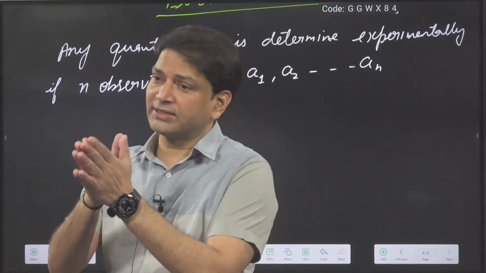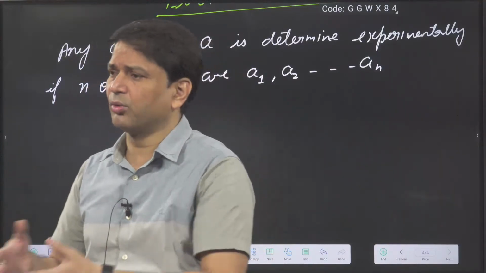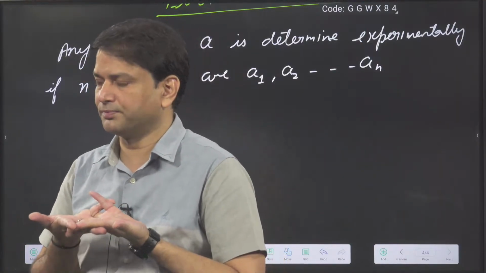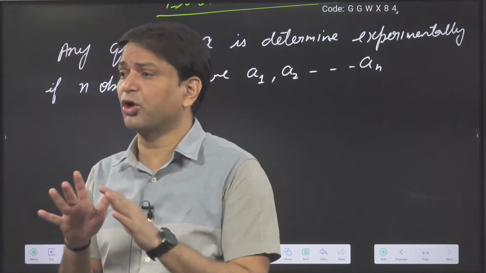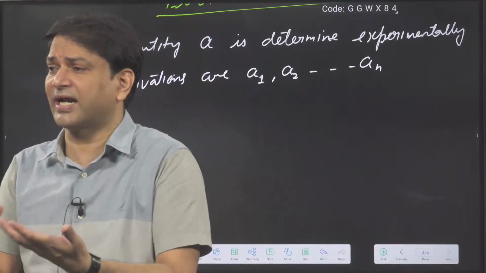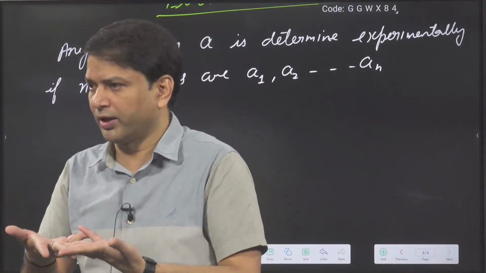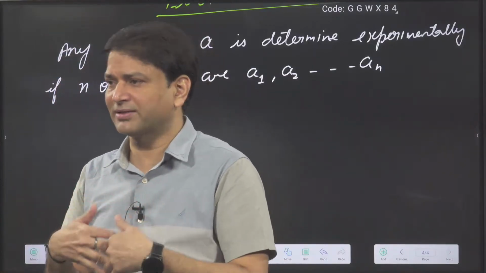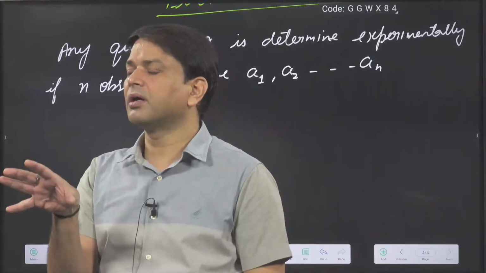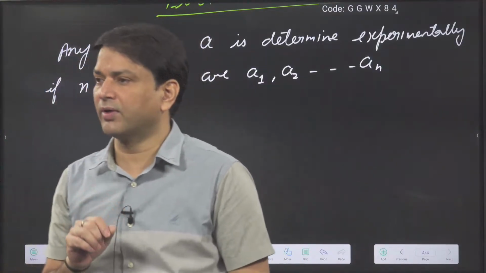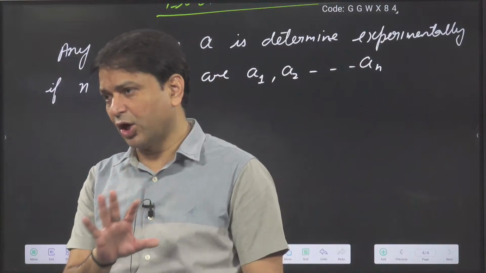So suppose in any numerical problem they have not given the true value, then the mean of all observations we can consider as, it will be close to the true value. So we can take it as a true value. Again I am repeating, if the true value has not been given in the problem, then they have given the observations.